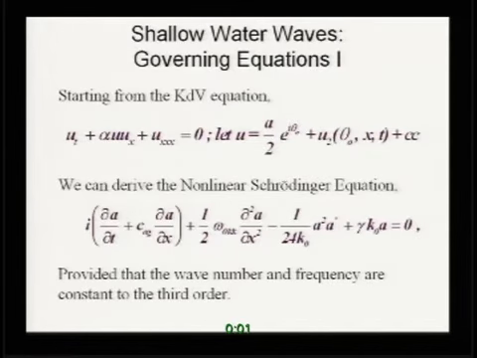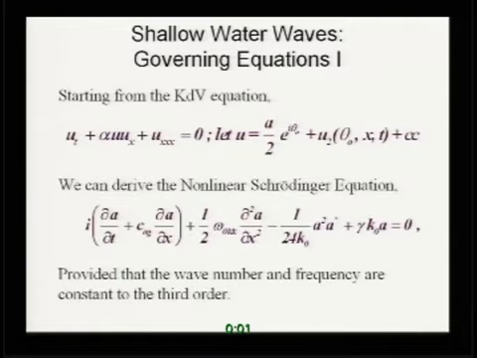Then you can derive, if you assume this theta, which is the phase function, is k dot x minus omega t, and you're assuming that k is constant, omega is also constant.